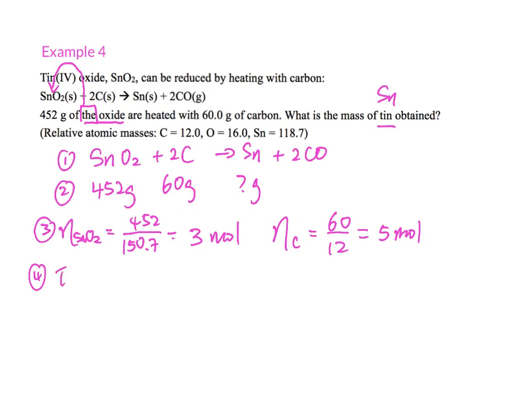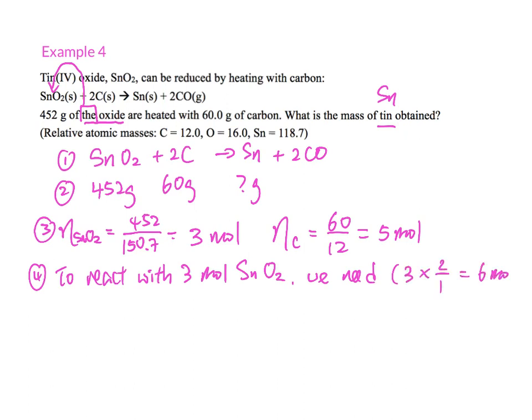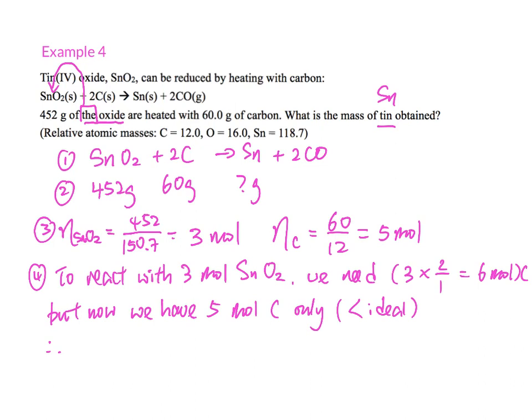And then to react with 3 mole SnO2, we need 3 divided by 1 times 2, so we need 6 mole carbon. But now we have 5 mole carbon only. So this one is less than ideal. Therefore, C is limited.